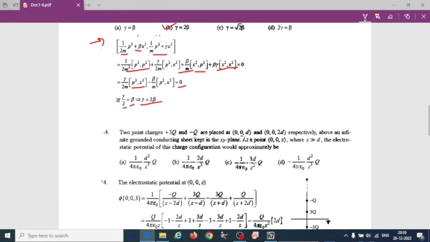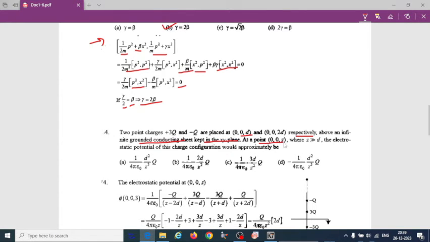So the next question here: 2 point charges plus 3q and minus q are placed at 0, 0, d and 0, 0, 2d respectively above an infinite grounded conducting sheet kept in xy plane. So these 2 point charges are placed at these given conditions above an infinite grounded conducting sheet.